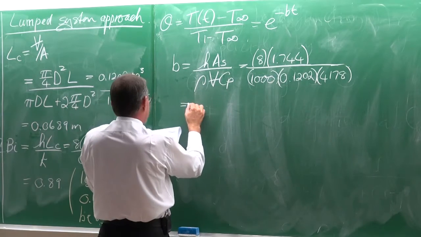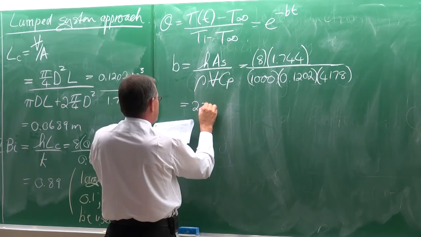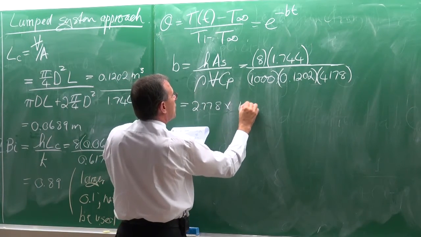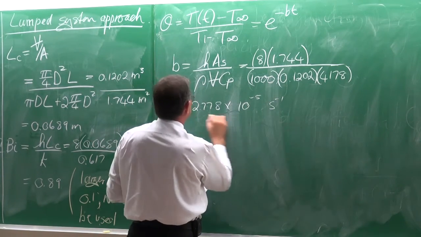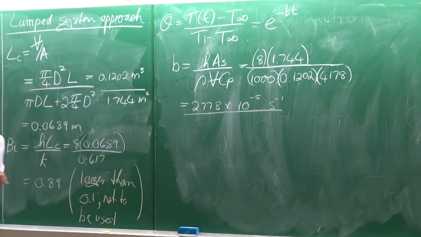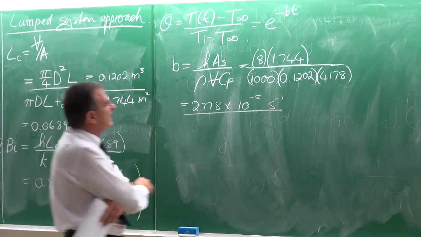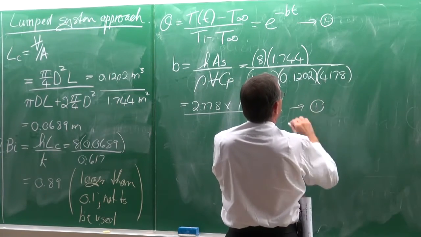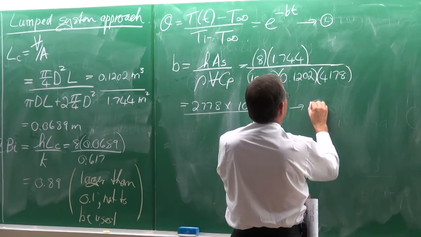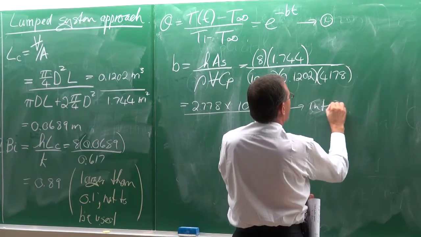The result is that b is equal to 2.778 times 10 to the minus 5 per second. So we've calculated b. Let's call that equation 1, and let's put this into 1.